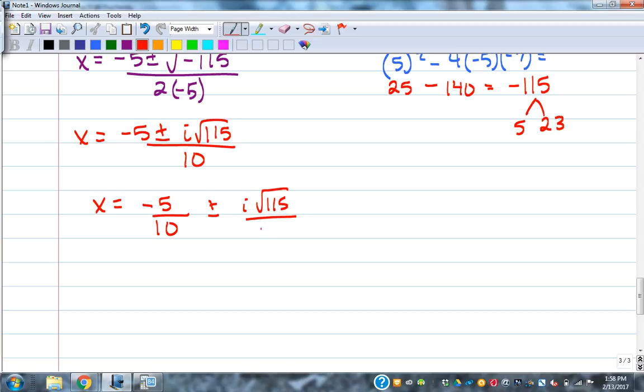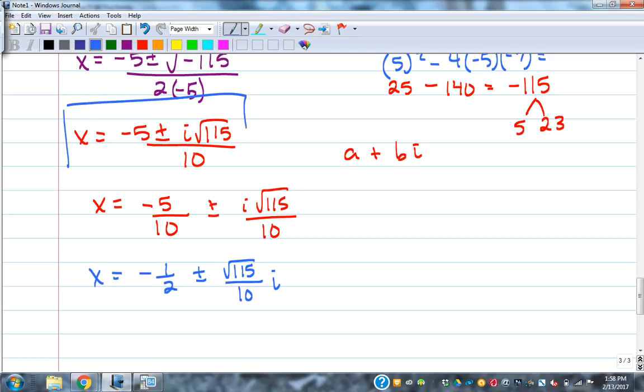Because remember, the complex form is a plus bi. So you've got to separate them. That's the standard form. So you could simplify one of the fractions there to be negative 1/2 plus or minus, technically written, 1 square root of 115 over 10 with an i out beside it.